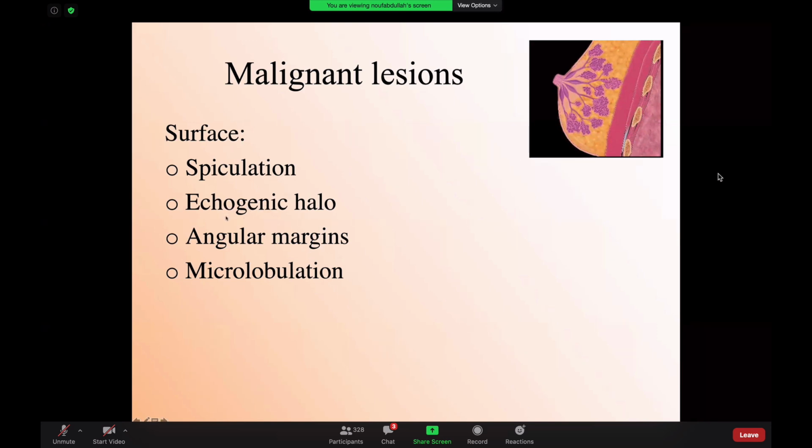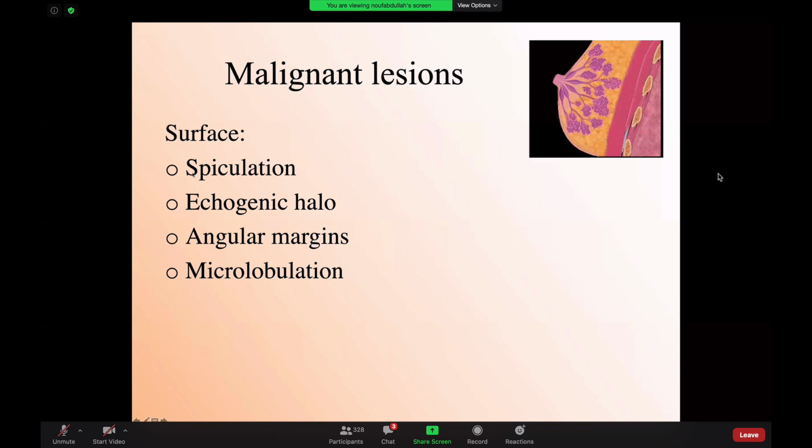And here I'm telling you what you can use to help you in the exam. I wouldn't say that this is completely dependent on the BI-RADS lexicon, because some of these features have been removed from the BI-RADS lexicon, like an echogenic halo, but I find it's one of the most helpful findings whenever you're looking at an ultrasound.